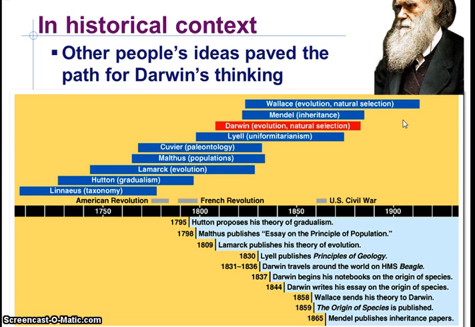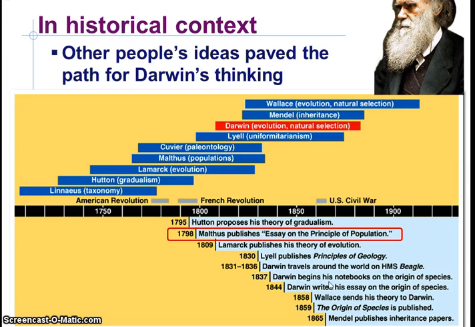So, going back to the historical content, everything started with Linnaeus, who categorized everything, and it kept going. Notice Lamarck had evolution way before Darwin. We'll talk more about Lamarck and these different people who are doing different pieces.